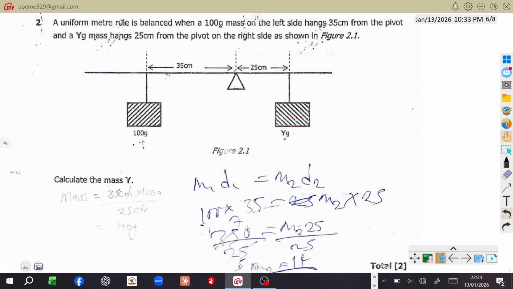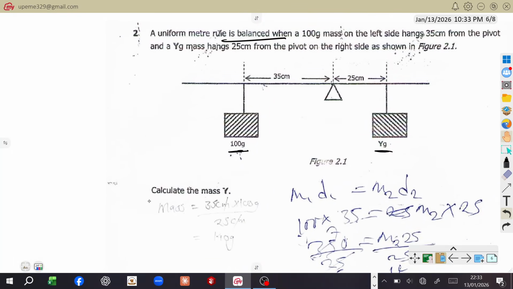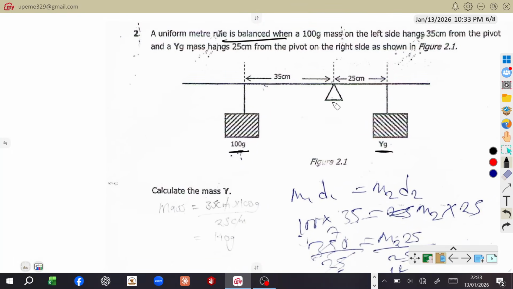So we have a y-gram this side and 100-gram here, so they are balancing there. Then they're saying calculate the mass y. As long as they're balanced, use the principle of moment. So this question was a bit friendly because they are all balanced.